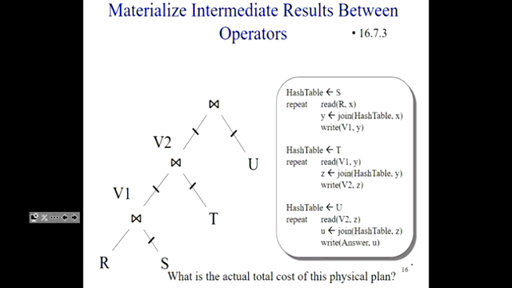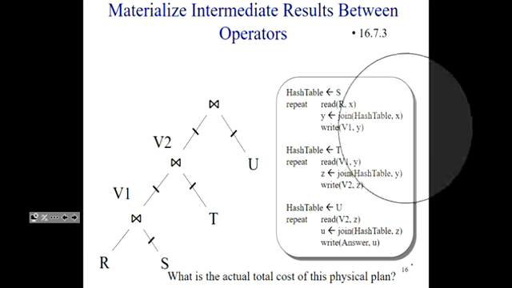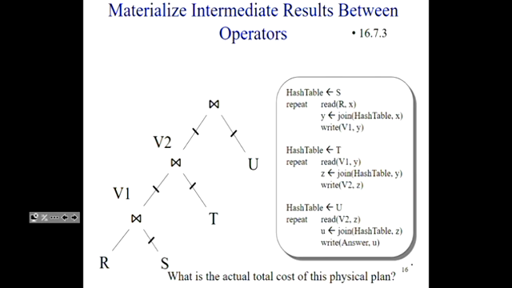So we talked about this particular logical query plan, which was a left deep join, and the algorithm used was essentially 3 executions of a hash join with materialization in between.